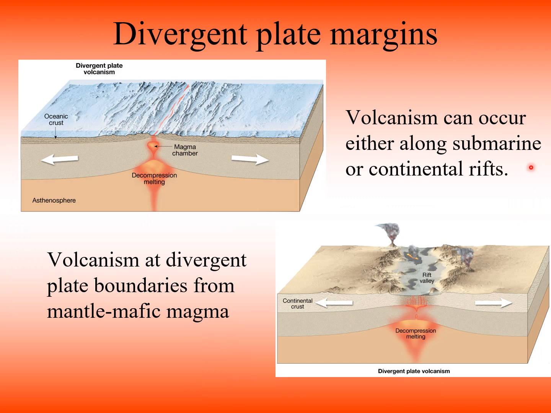So volcanism can occur either along submarine continental rifts, like I said, in the ocean, or on continental rifts, like in the East African Rift. And these are most closely associated with the mantle rock, right? So mantle, probably because oceanic crust is thinner and it sits lower.